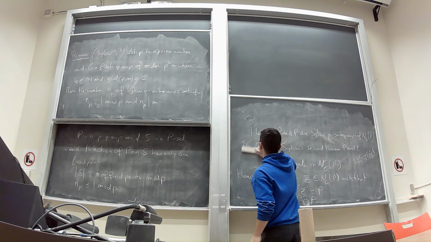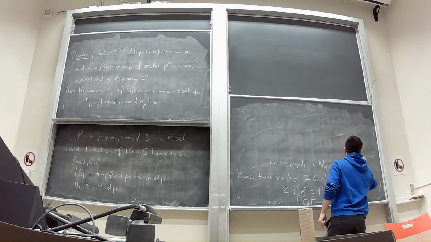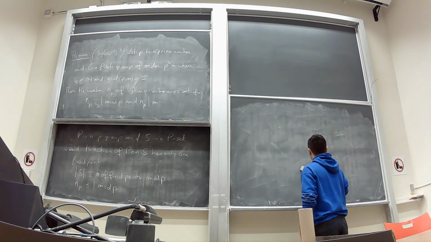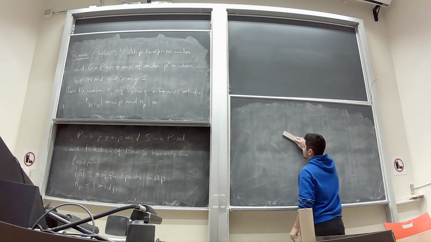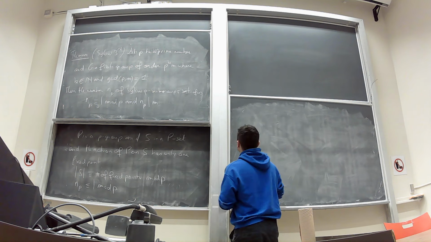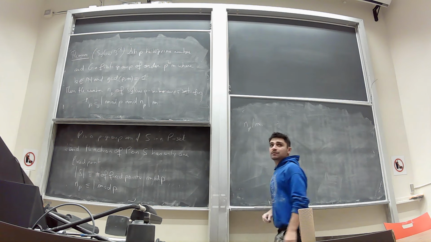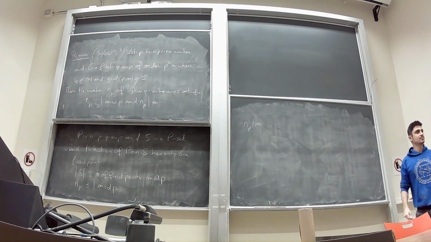Great. Now, why does NP divide M? So the first part is done. This should be easier to establish. NP divides M. Why is that?